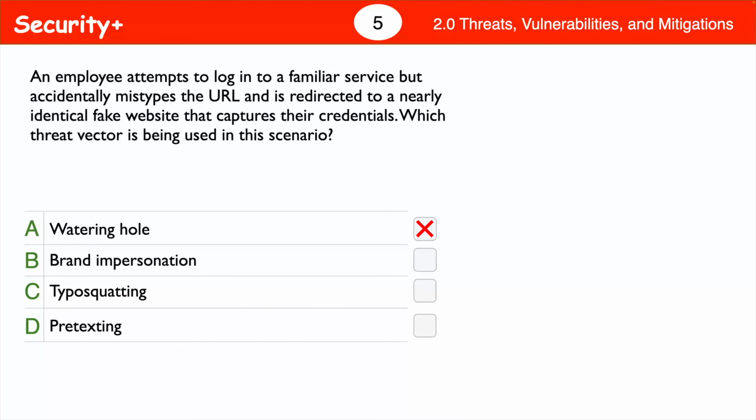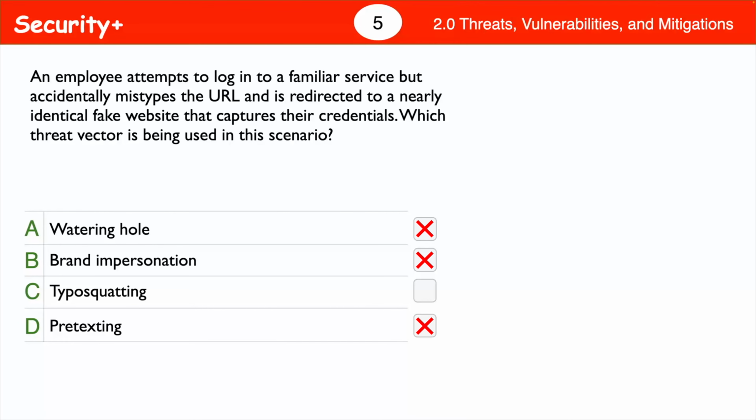Next, we can eliminate D, pretexting. And since there's no social interaction or fabricated scenario involved in this redirection, we can rule this one out. And finally, we can eliminate B, brand impersonation, which is more commonly seen in things like phishing emails or malicious ads, but not through the act of an error when typing the URL.